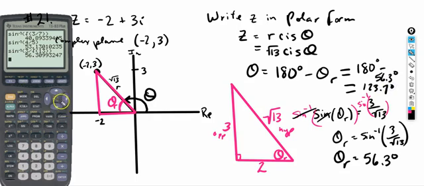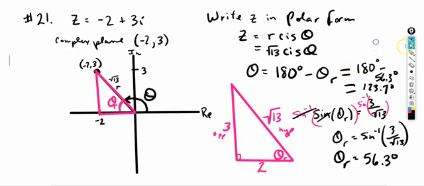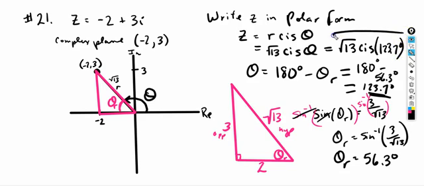So we can check that. 180 minus 56.3 is 123.7. So I come here. That's my angle theta. That's my answer.